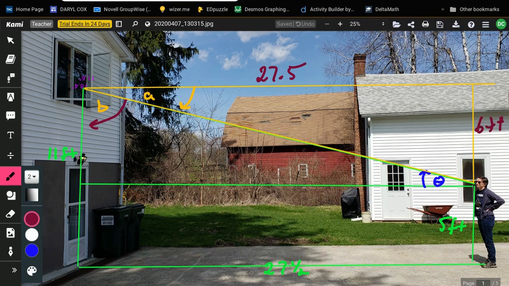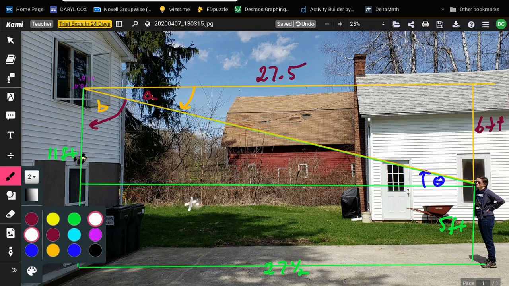Okay? So now to calculate our angle A, what trig function are you going to use? Okay, you should have said I've got the opposite and the adjacent. So that makes me think I'm going to use tangent of angle A, which is the opposite, 6 feet, over the adjacent, 27.5 feet.